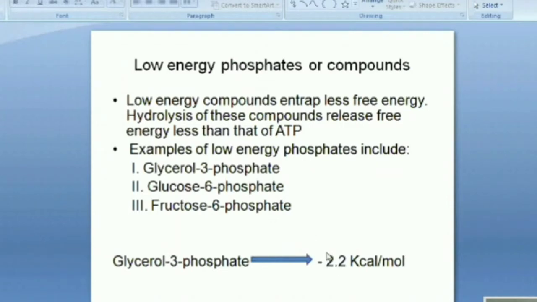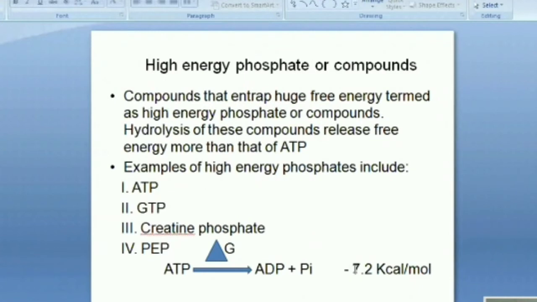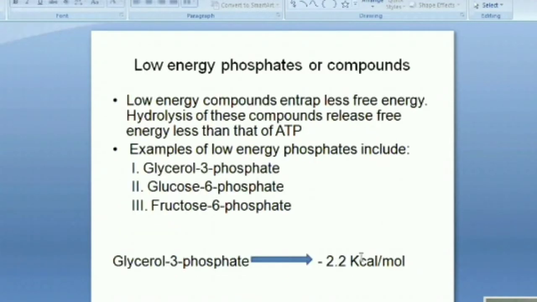You see, hydrolysis of ATP gives 7.2 or 7.3 kilocalories per mole of ATP, whereas hydrolysis of glycerol 3 phosphate releases only 2.2 kilocalories per mole.